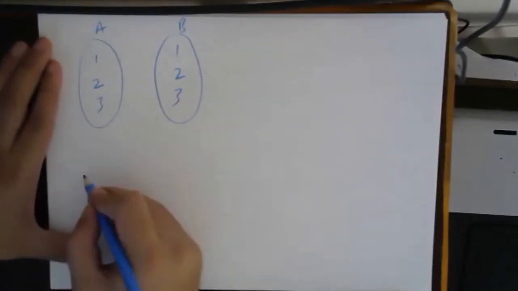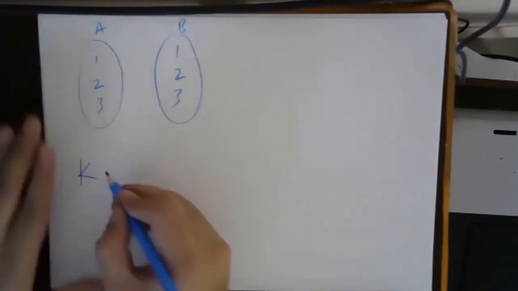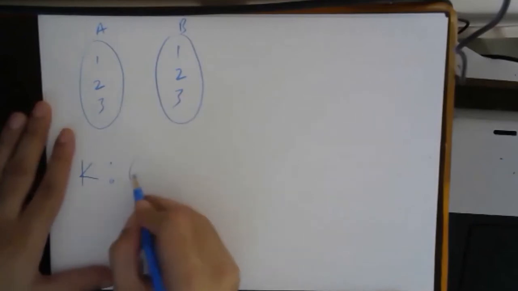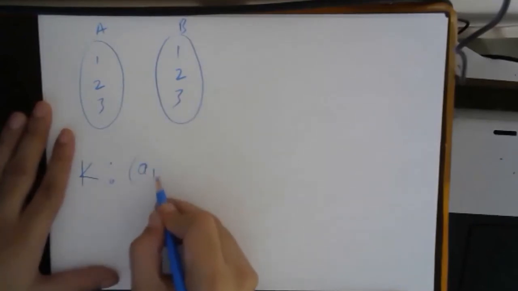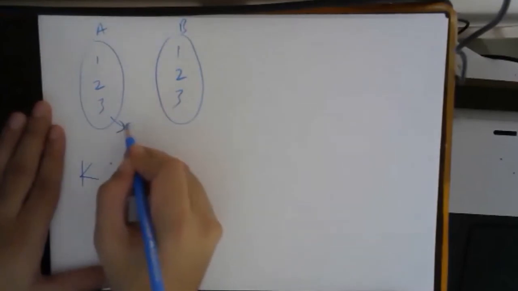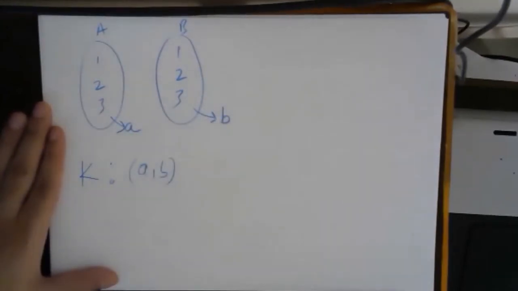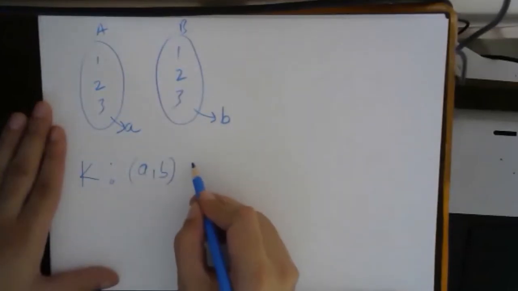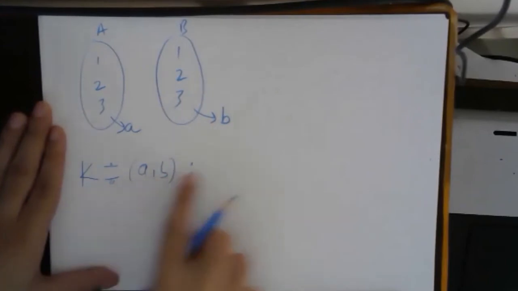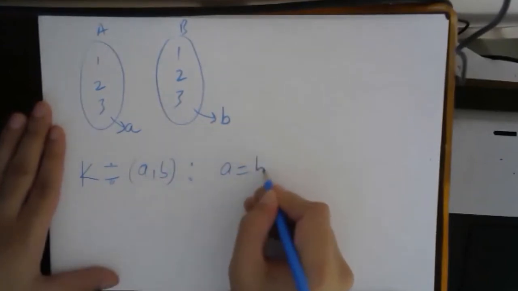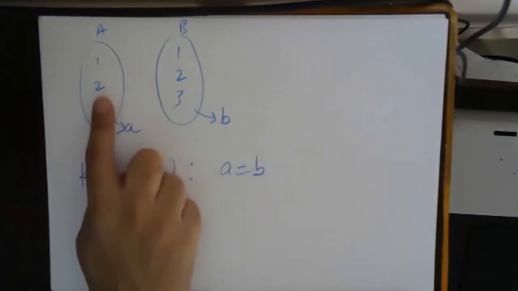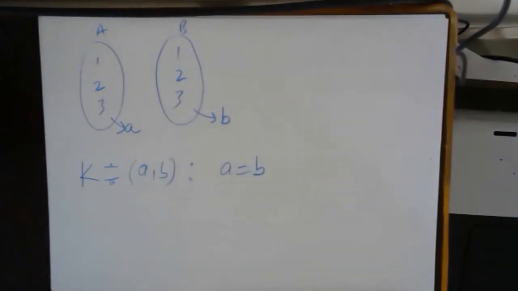I am saying there is a relation K, just a name, such that K will have elements (a, b), where a is an element of set A and b is an element of set B, such that a is equal to b. You have to link elements of A to B such that a equals b.